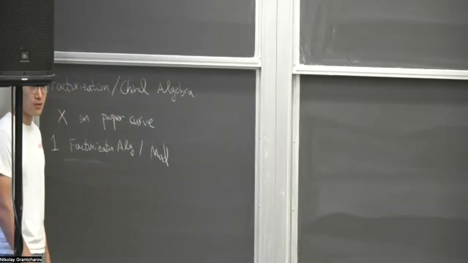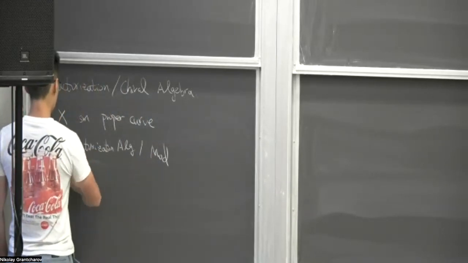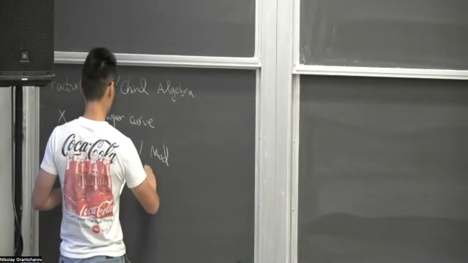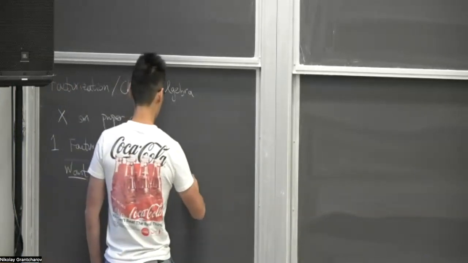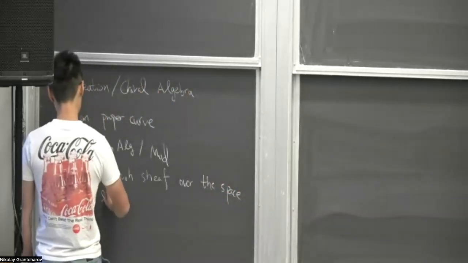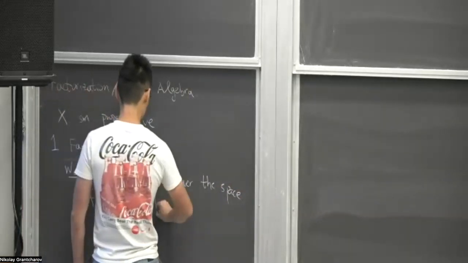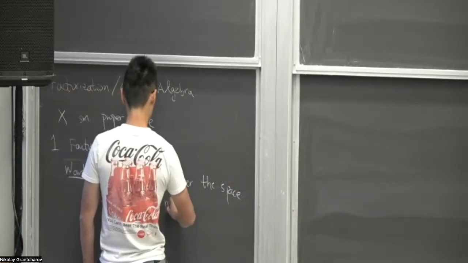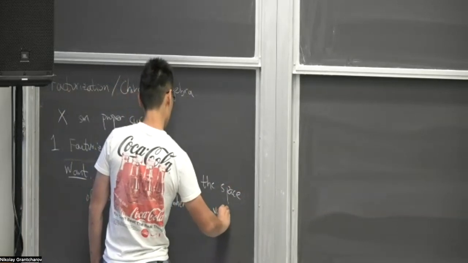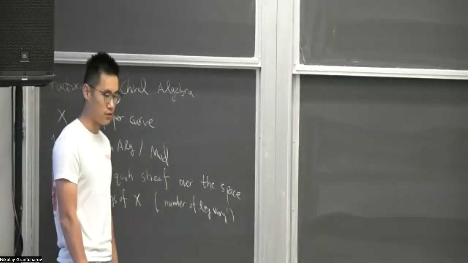So at the very least we want a quasi-coherent sheaf over the space of finite subsets of X, where I don't specify the number of points. And also these compatibilities along the diagonals and then along the off-diagonals.